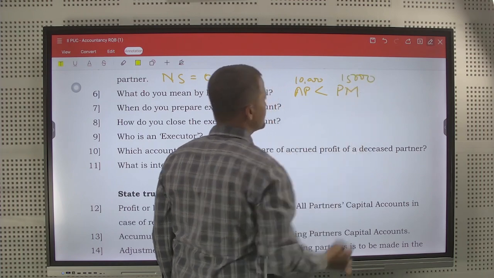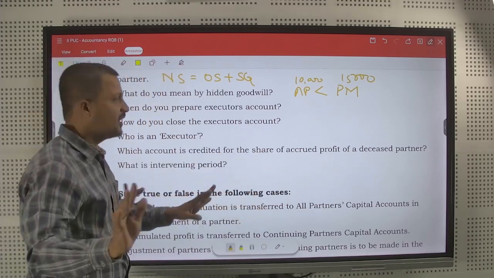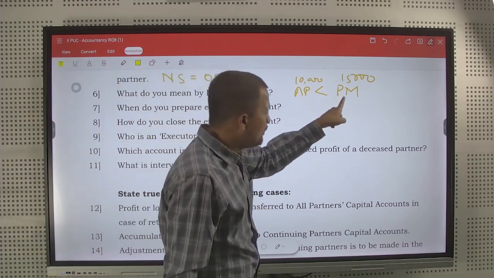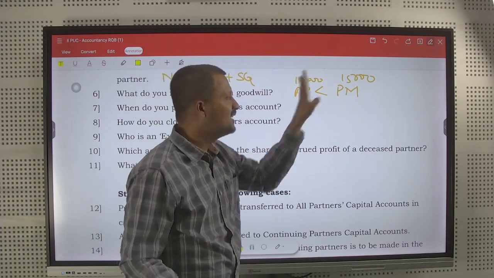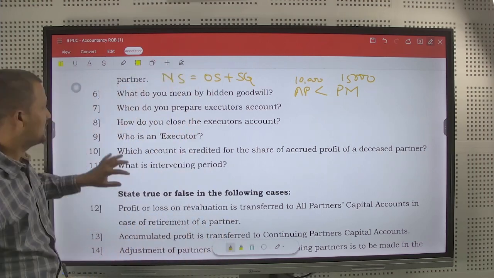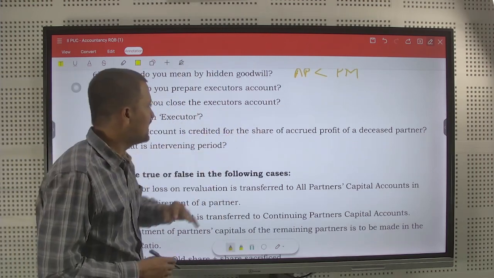The 5,000 is considered hidden goodwill. How does this arise? If the payment made to the retiring partner is in excess of the actual payment, then it is called hidden goodwill. Then, when do you prepare the executor's account?